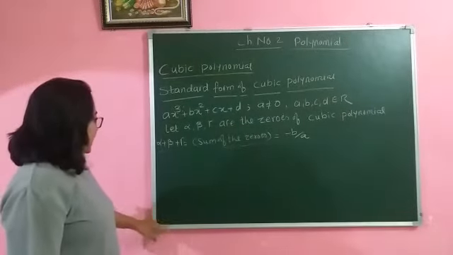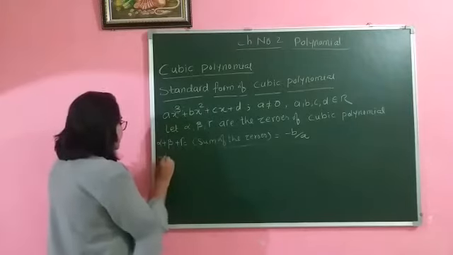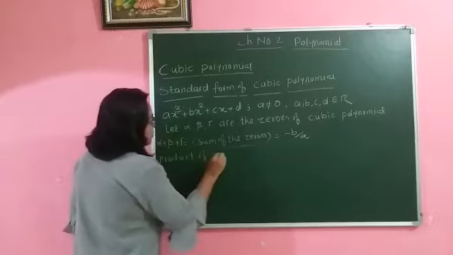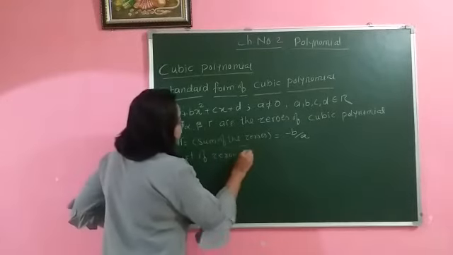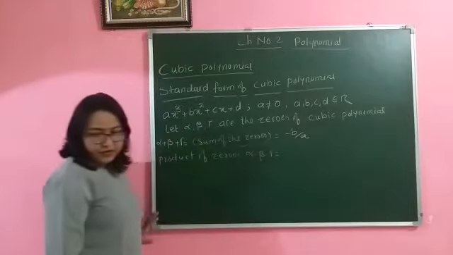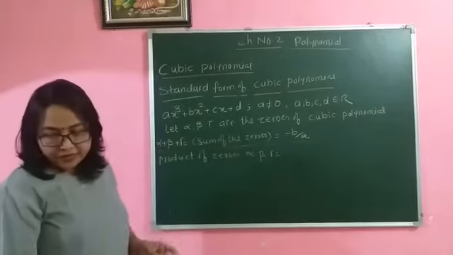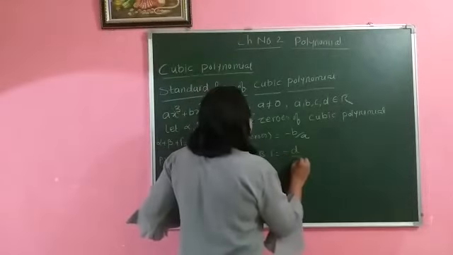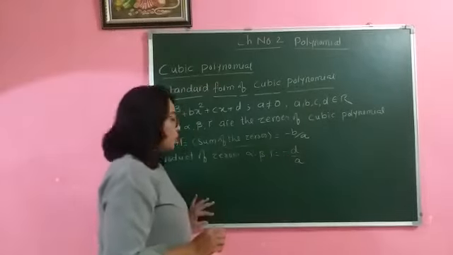Then the product of zeros, that is alpha into beta into gamma, what will you get? What is the product? Minus d by a.